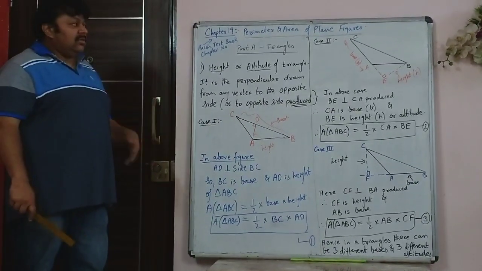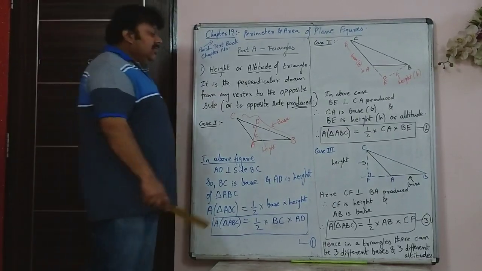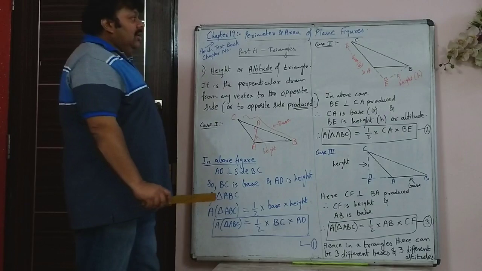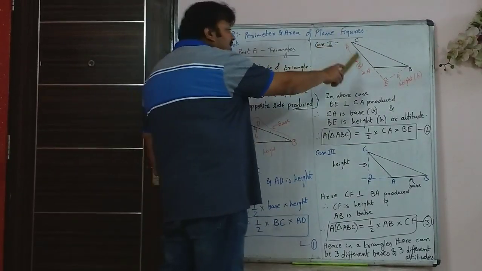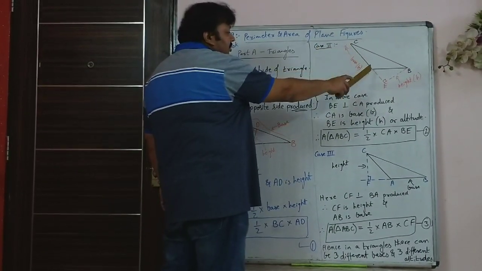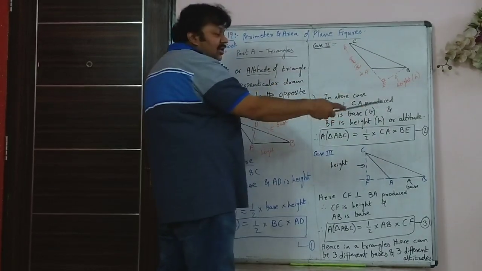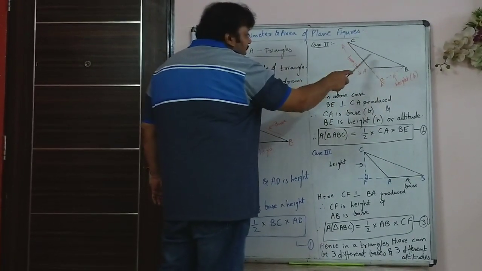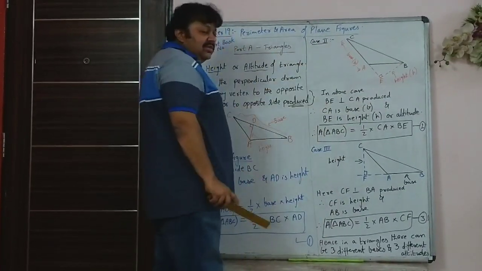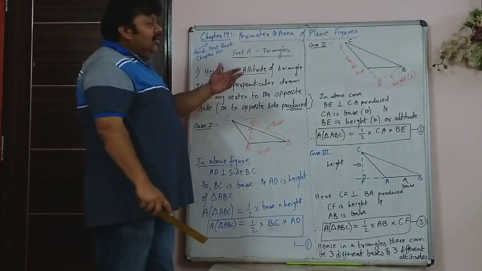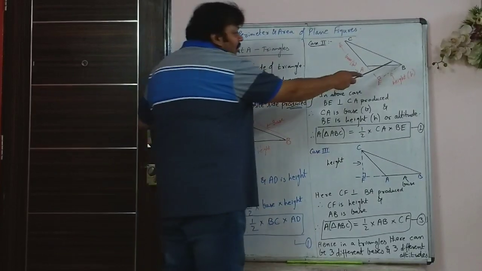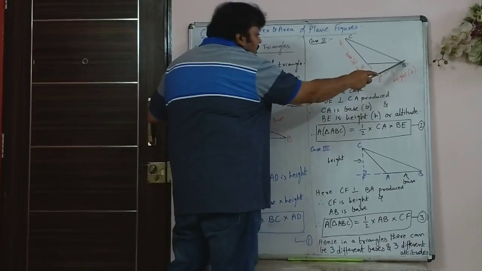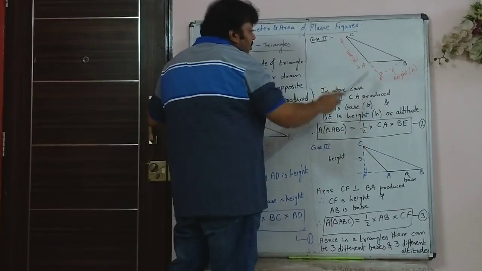That is one case. Second case, the same triangle ABC I have redrawn. Now in this case, I am considering AC as the base. Unfortunately, from B, I can't directly draw a 90 degree angle on AC, because all those angles will be acute angles.